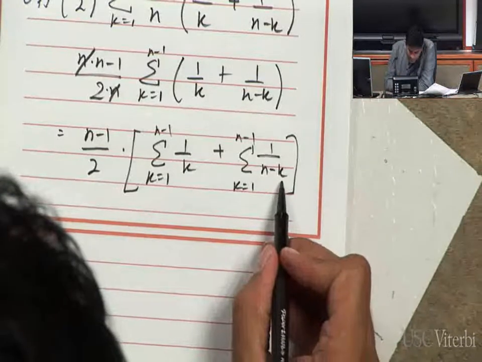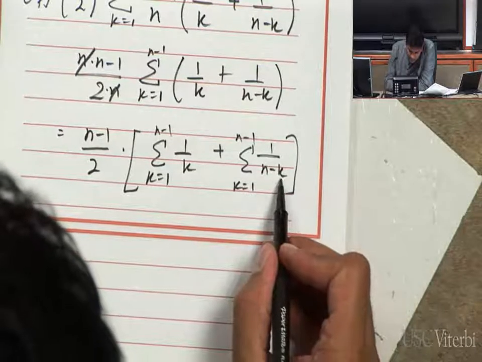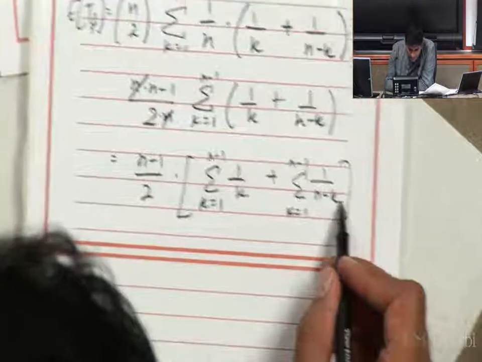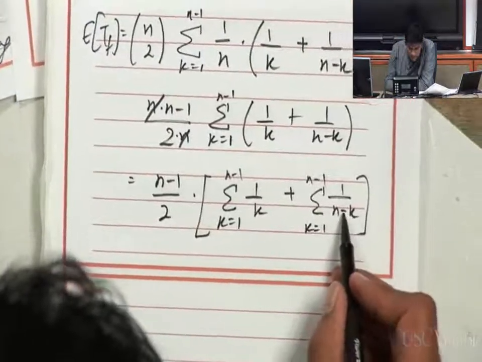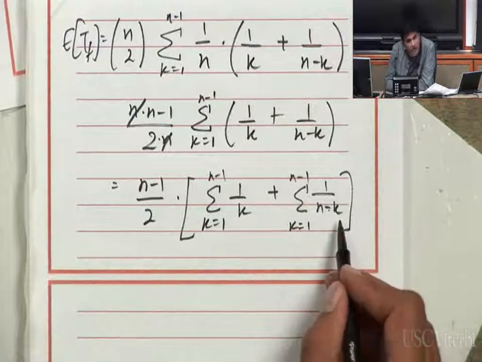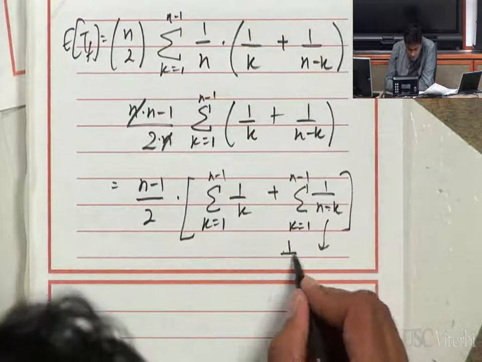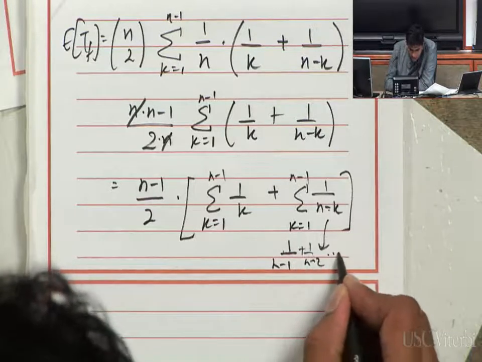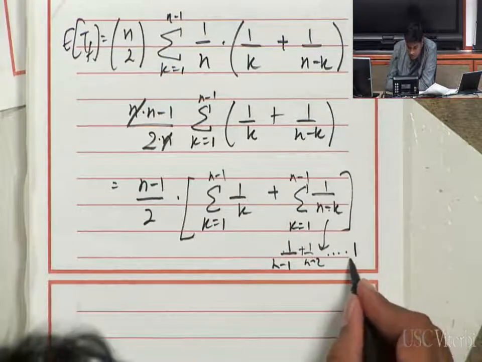So if you look at this summation, the first term is going to be n minus 1, and then it'll go n minus 2, n minus 3, n minus 4, all the way up to n minus 1, which is just 1 over 1, right? So this is all the terms like 1 over n minus 1 plus 1 over n minus 2, dot dot dot, 1 over 1.